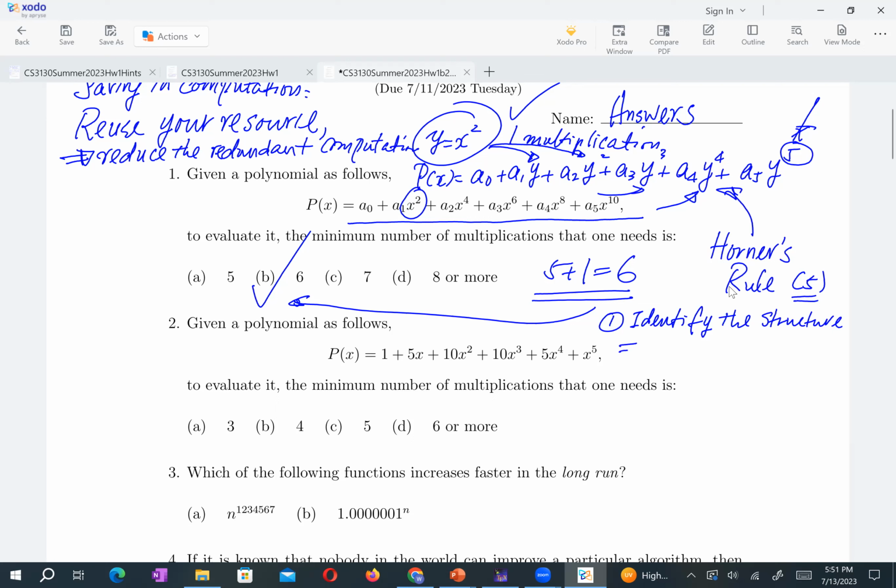If you cannot identify that, then it's hard. Are there other structures similar to Pascal's triangle? Interesting.